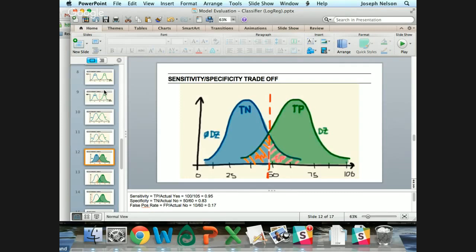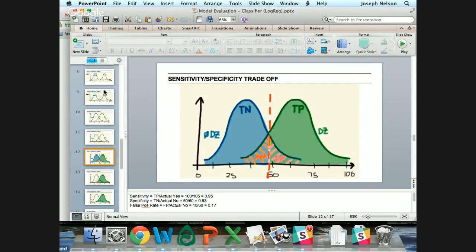So what is specificity then? Specificity, definitionally, is the number of times we accurately said no, true no's, true negatives, divided by how many actual no's there are in our distribution.